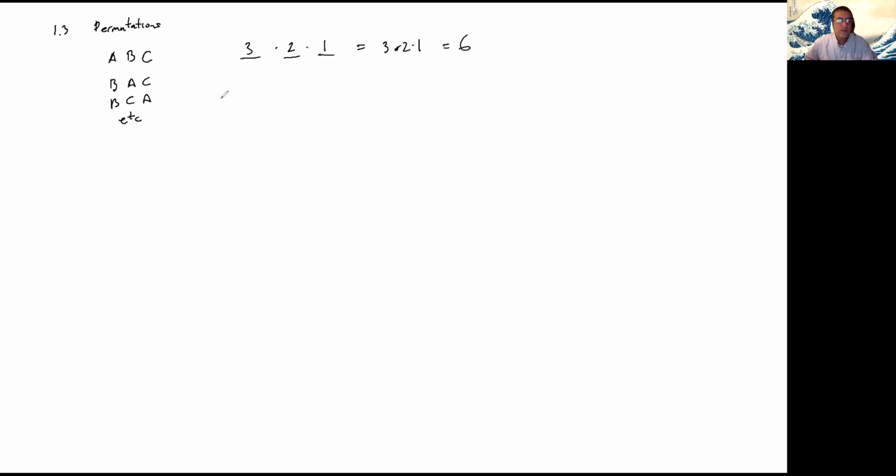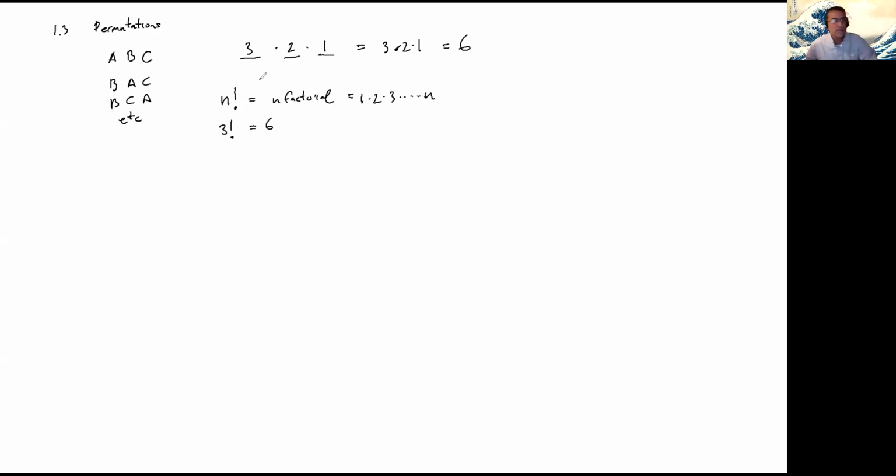And in fact, we have the notation of n factorial, which is 1 times 2 times 3 times 4 all the way up to n. And so really the answer was 3 factorial, which is 6.